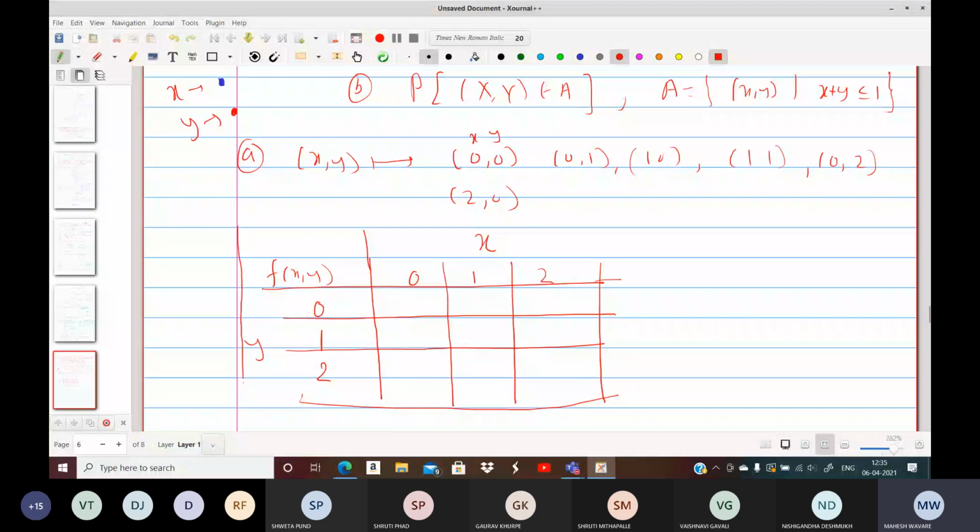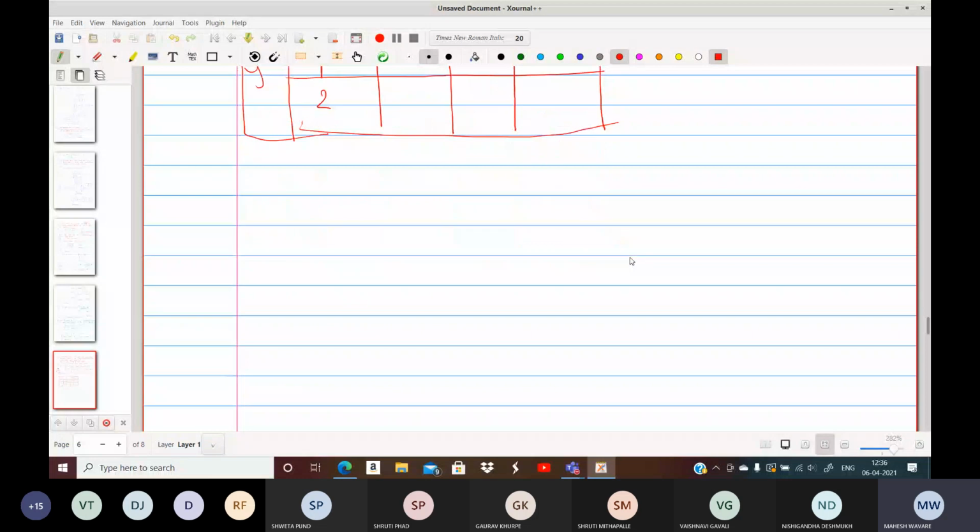Okay, this is x, y. So here it should be f of 0, 0. What is the meaning of f of 0, 0? What does this f of 0, 0 stand for? Suppose I ask, what is the probability that among the selected two refills there is no blue refill and no red refill?